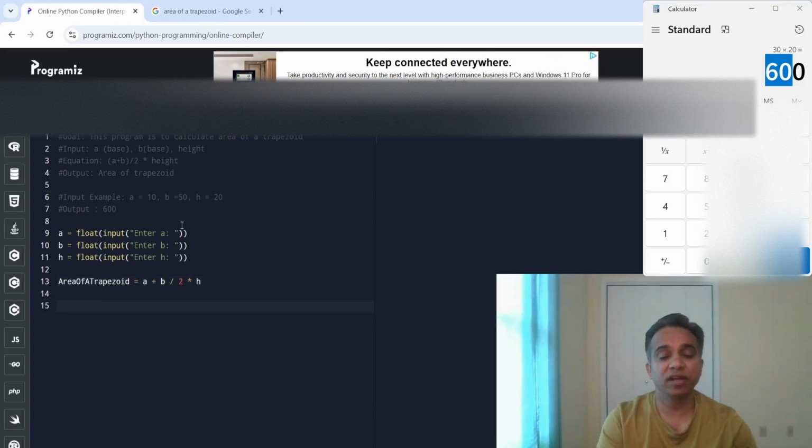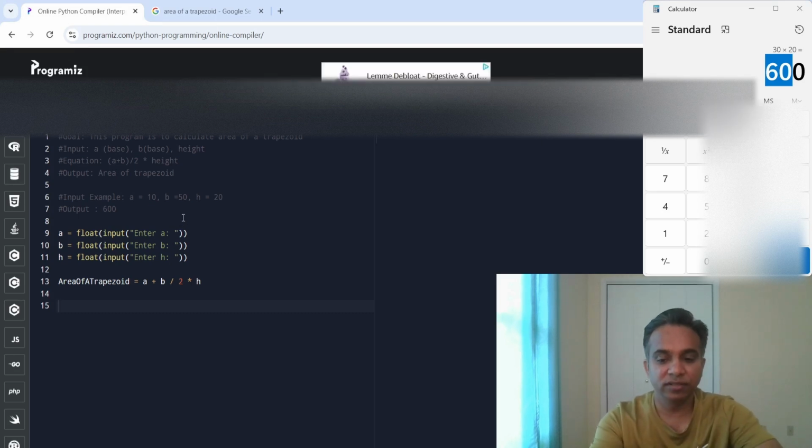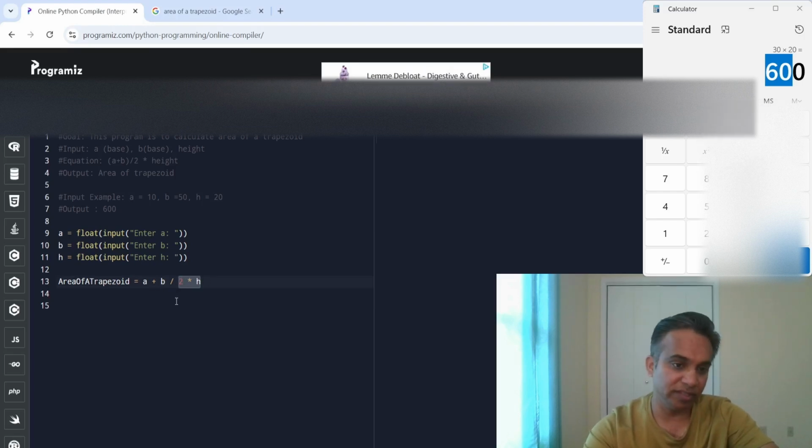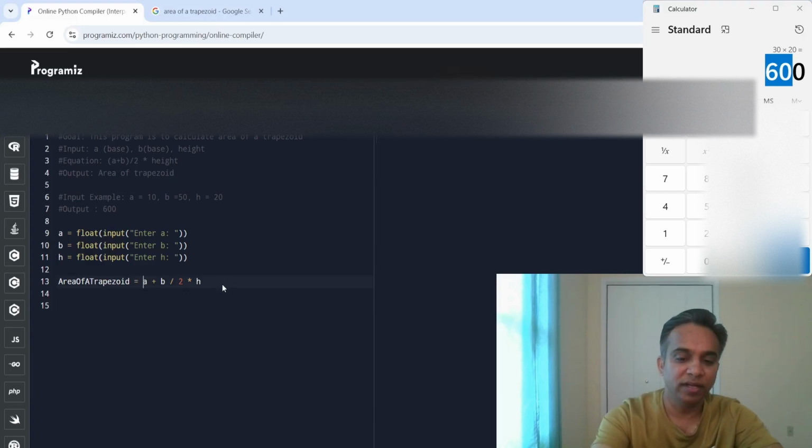Now this is where we have to apply PEMDAS, because if we do not, then how would Python execute? Python is going to execute multiplication first, so it's going to do the 2 multiplied by h and then apply the other operations. So to solve that, we need to apply a proper PEMDAS equation.